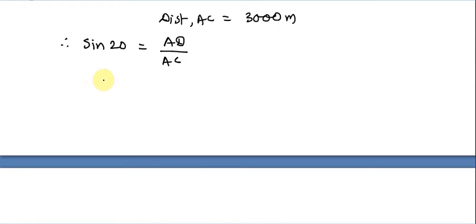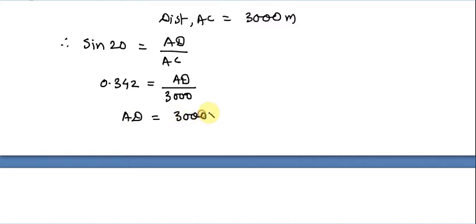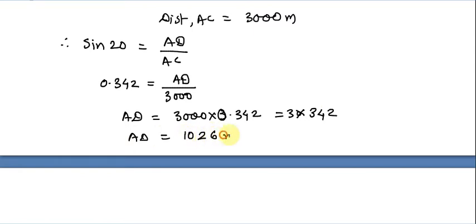Sin 20 is given as 0.342 equal to AD, which is unknown, upon AC, which is 3000. So AD equal to 3000 multiplied by 0.342. So we get AD equal to 1026 meters.